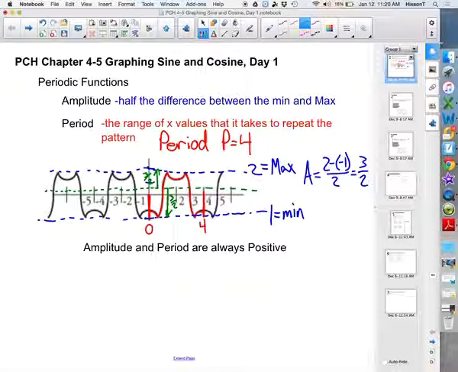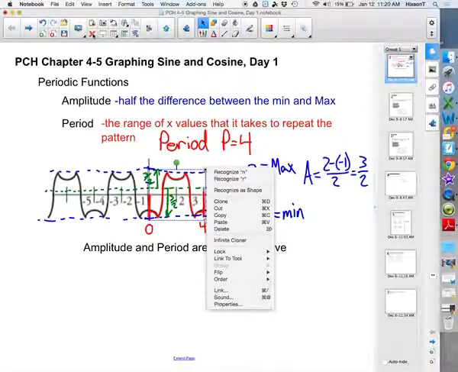Now, one other note here, and then we're going to look at sine specifically, and that is amplitude and period are always positive. Okay? They're always positive. There is going to be a temptation. Let's say we had this function and it got reflected across the x-axis.